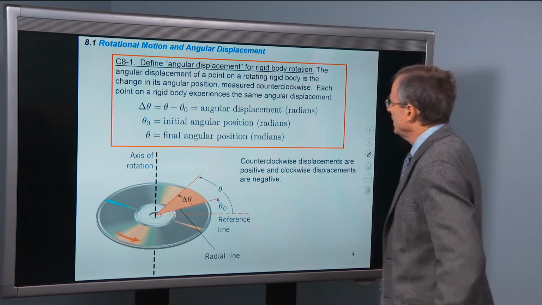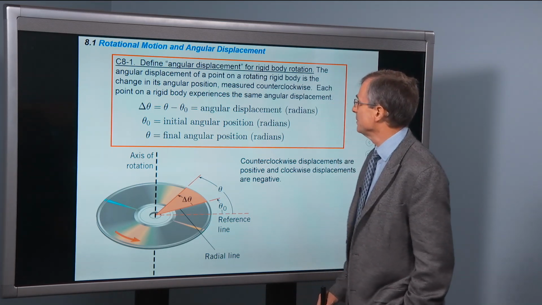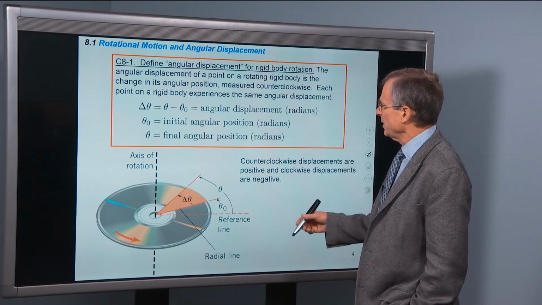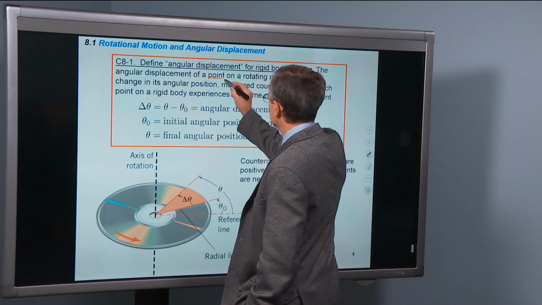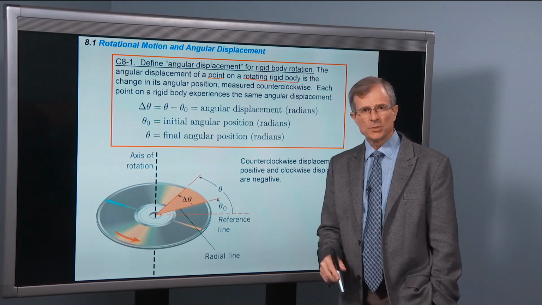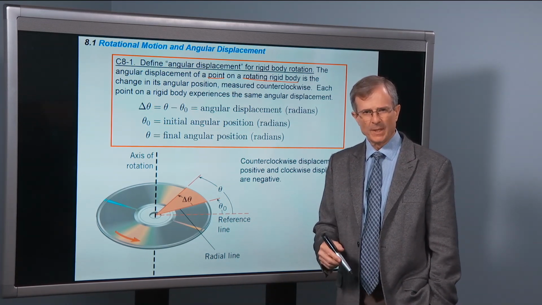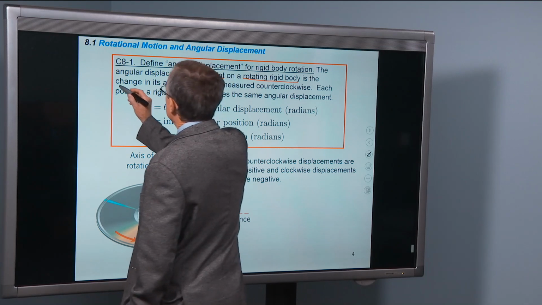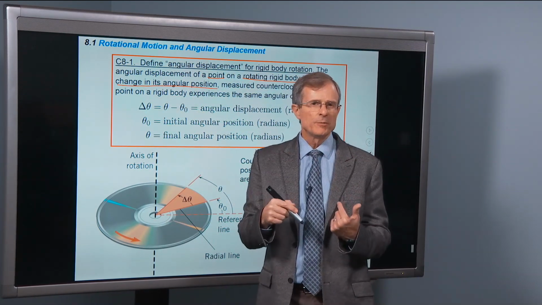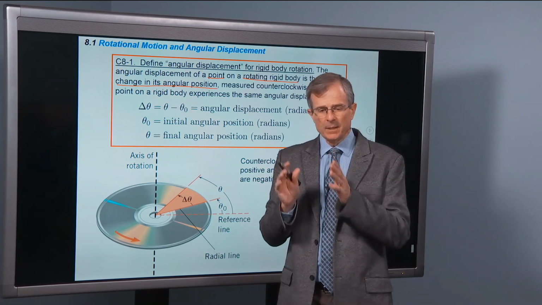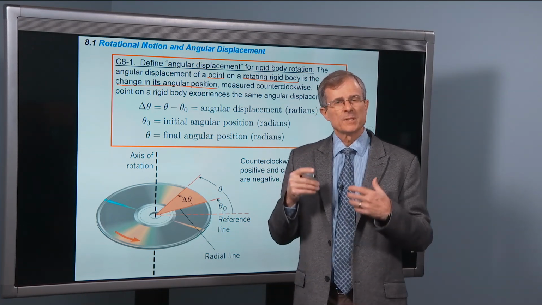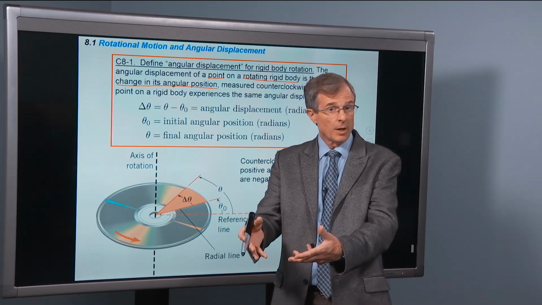So let's define the angular displacement for rigid body rotation. The angular displacement of a point on a rotating rigid body is the change in its angular position. You have seen that language before. If you just remove the word angular, then what we called the displacement vector was the change in the position r.